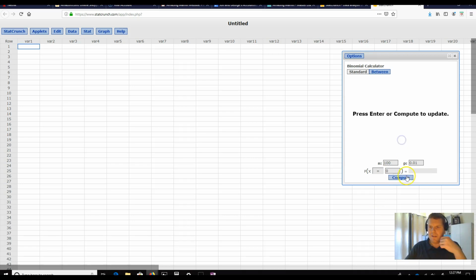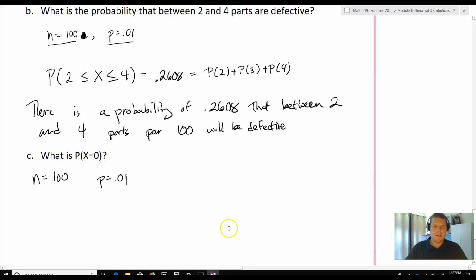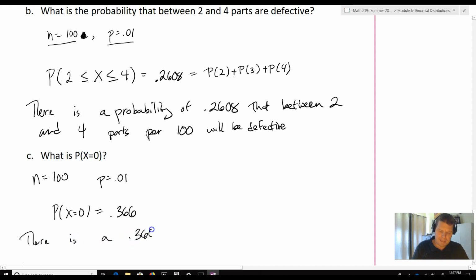I compute, and we see that it's 0.366. The probability that x equals 0 is equal to 0.366. So there is a 0.366 chance, the probability or likelihood, that 0 of the 100 parts are defective.